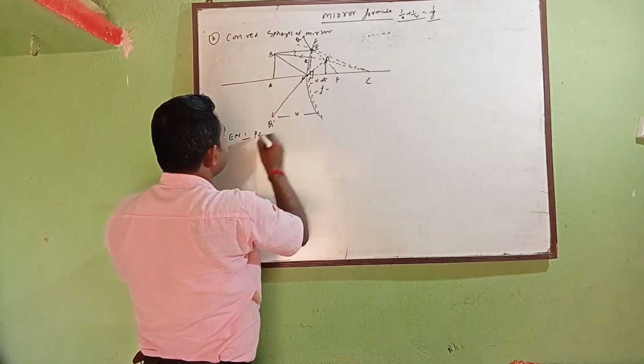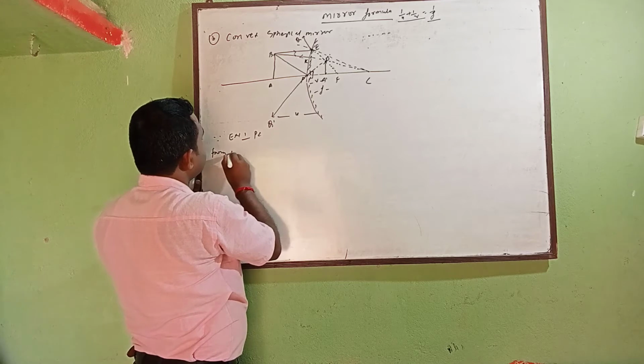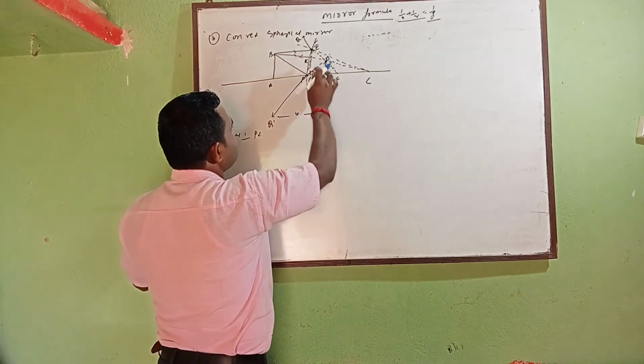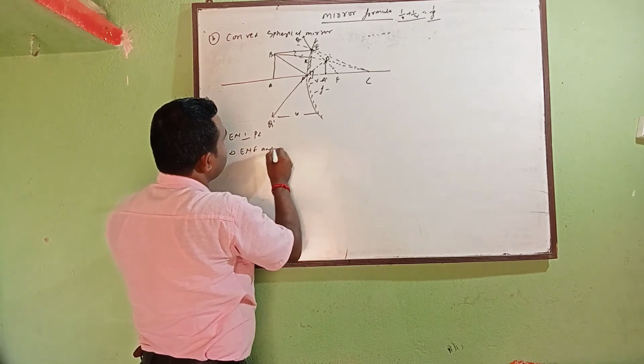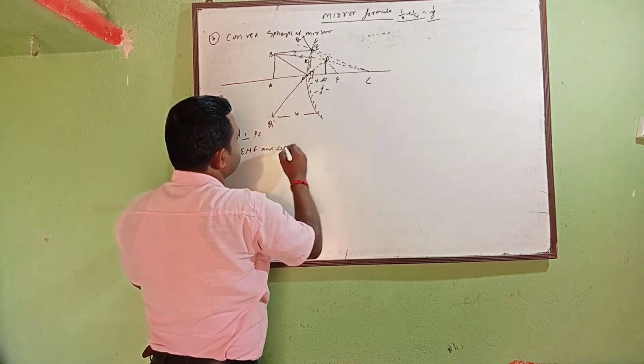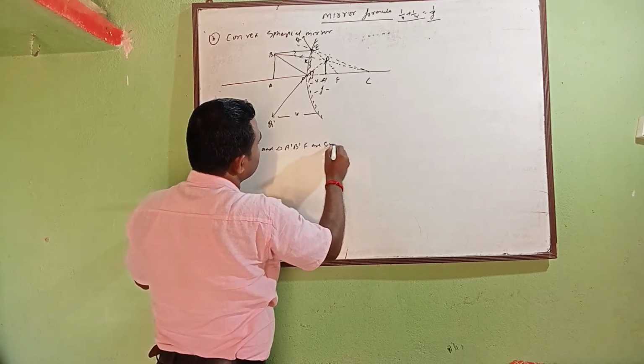PC. Very good. From triangles EN F and A dash B dash F, the triangles are similar.